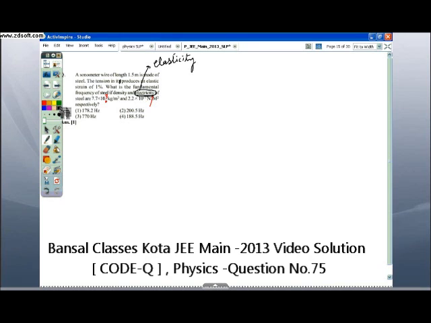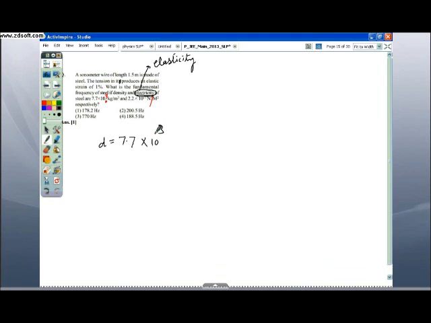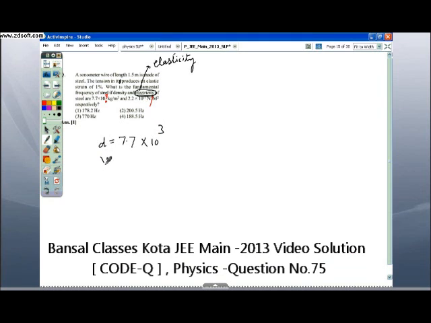So in this case, density is given equal to 7.7 into 10 to the power 3 kilogram per meter cube, and elasticity, you can say Young modulus, is given by 2.2 into 10 to the power 11 Newton per meter square.